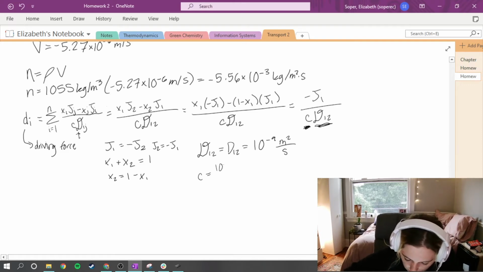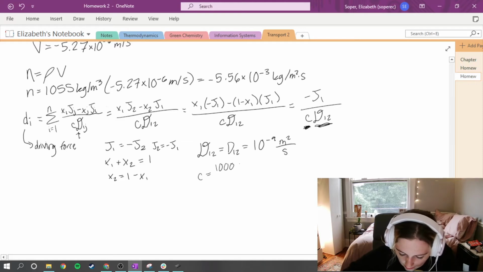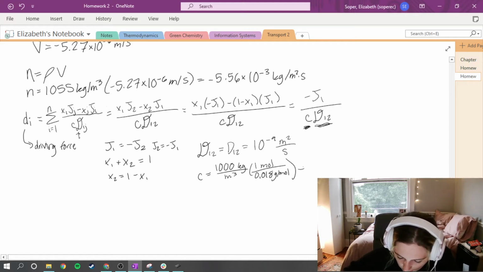So 1,000 kilograms per meter cubed times 1 mole over the molecular weight, and 1,110 kilograms per meter cubed.